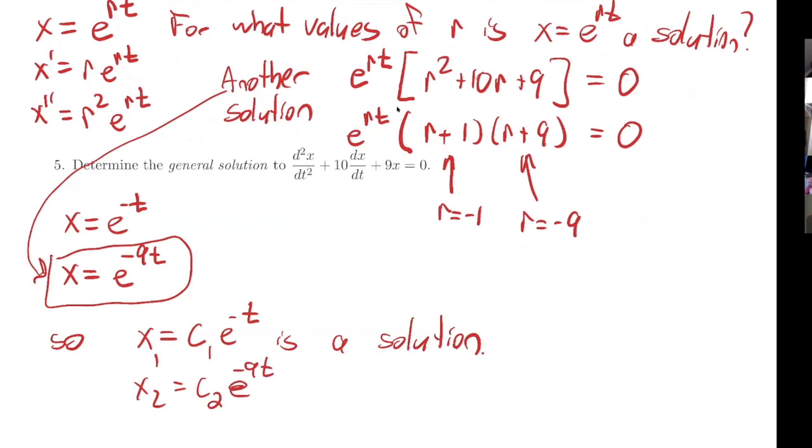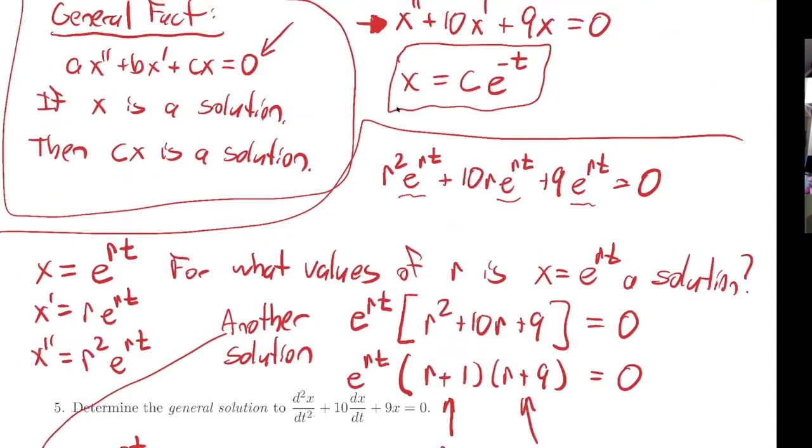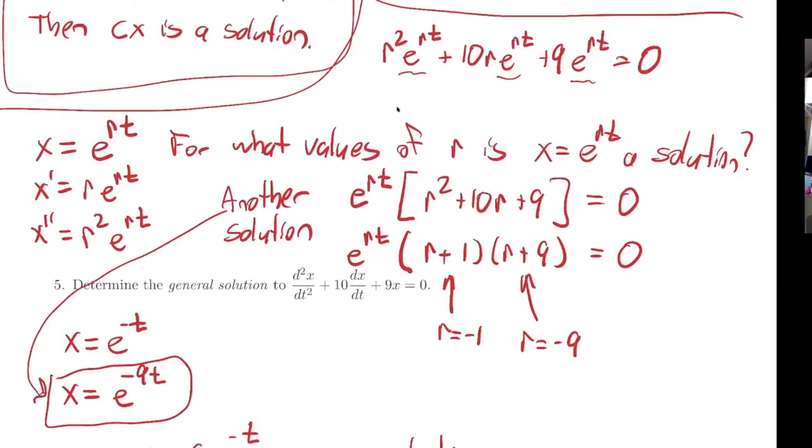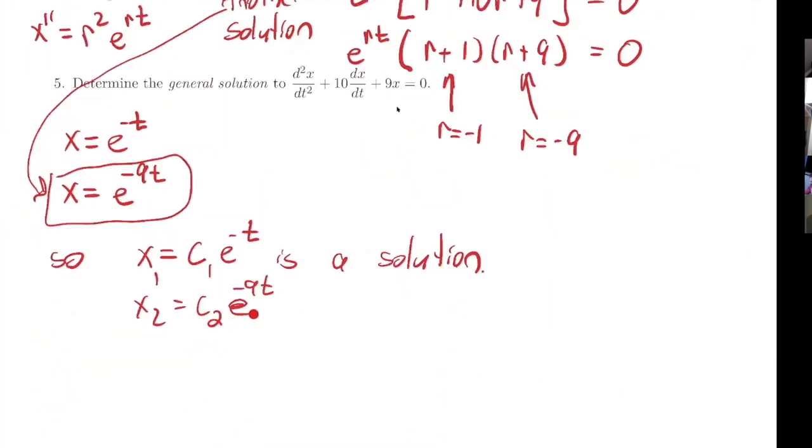So we've got one solution, which we described before, that e to the minus t. And then we have a second solution now, which, well, if we know e to the minus 9t is a solution using this idea up here, then we know multiplying it by some constant isn't going to change the fact that it also would be a solution.